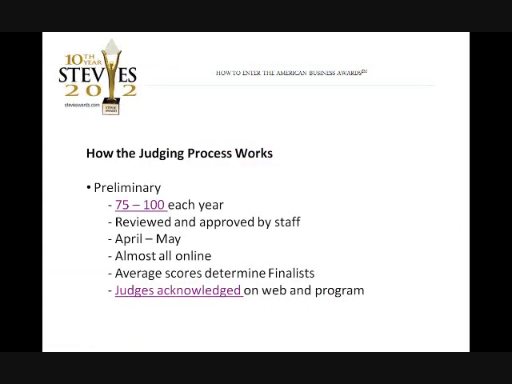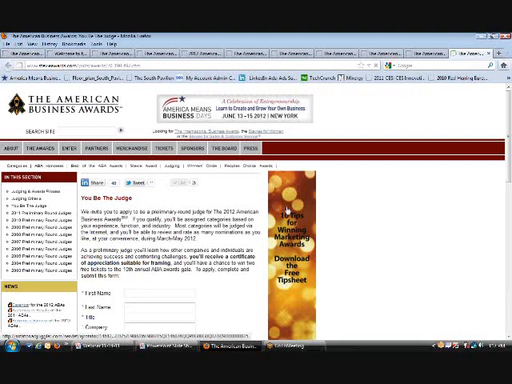The judging process each year is conducted by more than 200 executives in 2 phases. The preliminary phase is conducted by 75 to 100 volunteers who apply to be a judge on the American Business Awards website. And if those applications are accepted, we assign judges categories based on their experience and their function.